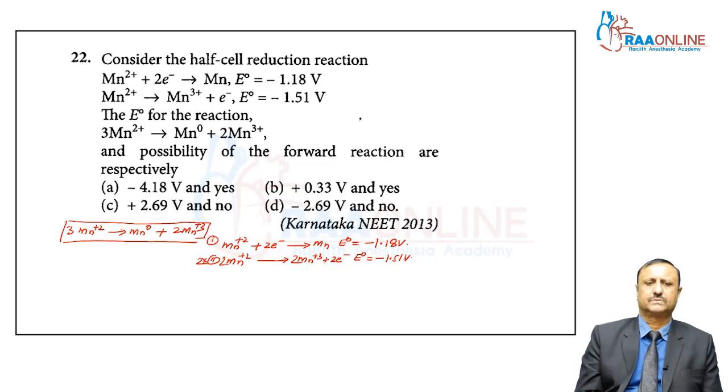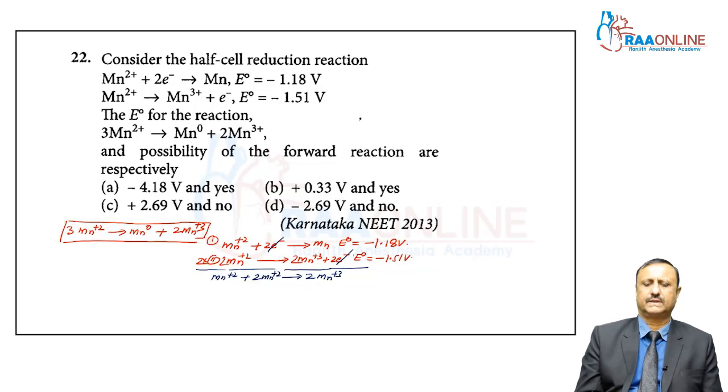When you calculate this, the 2 electrons cancel, and you get the total reaction. What is the total reaction? Mn2+ plus 2 Mn2+ gives 2 Mn3+.